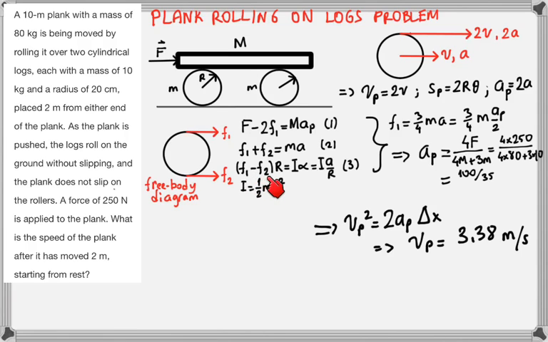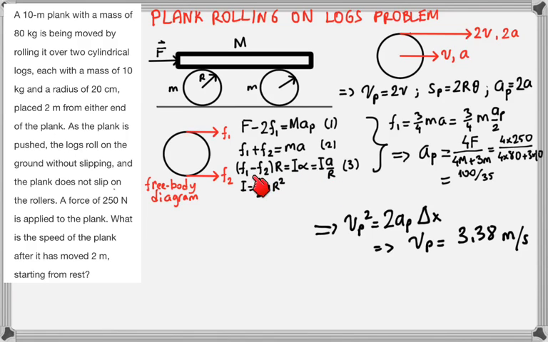The torque on one of these cylinders must be equal to the cylinder's moment of inertia times alpha. Alpha is the angular acceleration of the cylinders, and this alpha is related to the center of mass acceleration of the cylinder. This alpha is nothing but A divided by R. R is the radius of the cylinders.